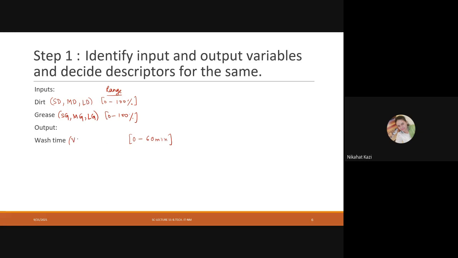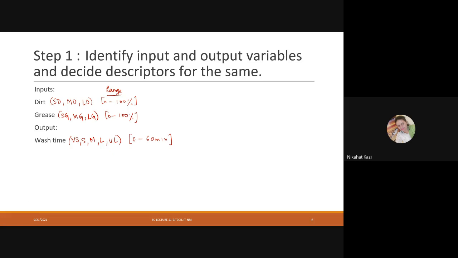I can say very short time, short wash time, medium wash time, long wash time, and very long wash time. These are my descriptors for describing wash time.